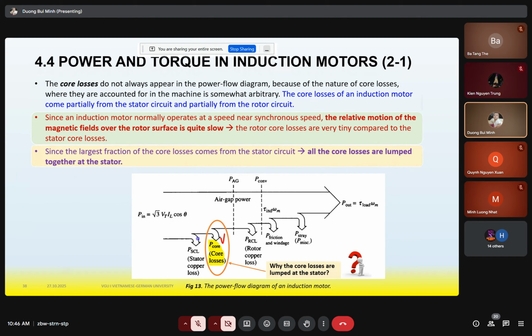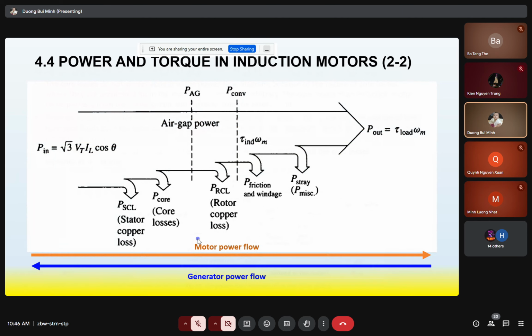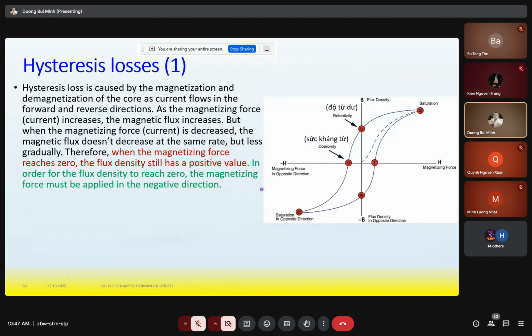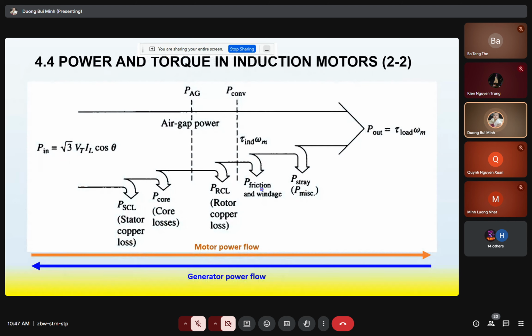Later on I will tell you more. Now continue. This is electrical power, and this is mechanical power, the output power. If we follow the direction of the arrow from P in to P out, from electrical power to mechanical power, this is the motor, right?